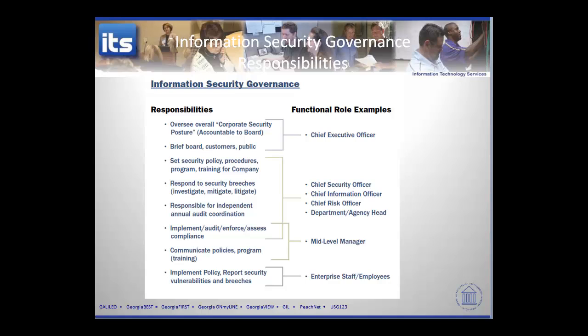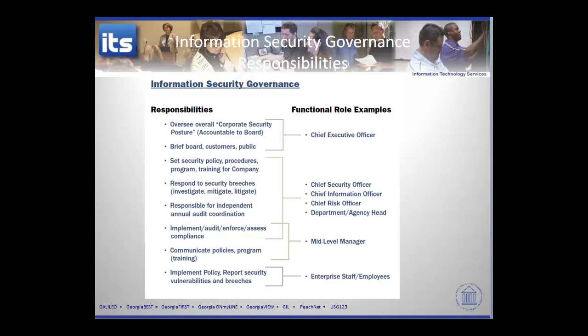Everything that happens in that organization, everything that fails to happen in that organization, that CEO is ultimately going to be responsible for. And it's going to be the CEO's job to promote that brand, to brief the board, to brief the customers, to brief the public, and to be involved in knowing what's going on within the organization and engaging those external constituents and bringing them in.